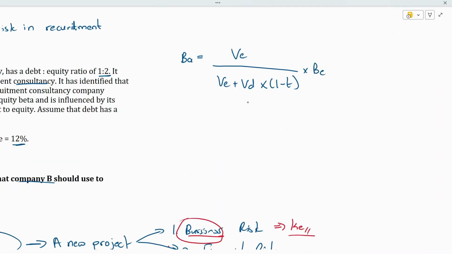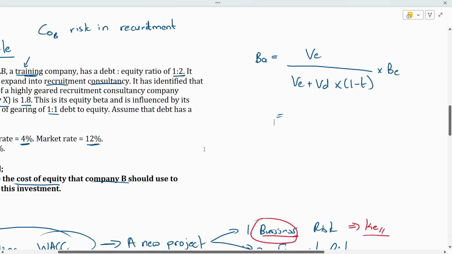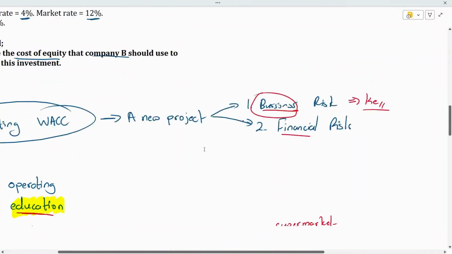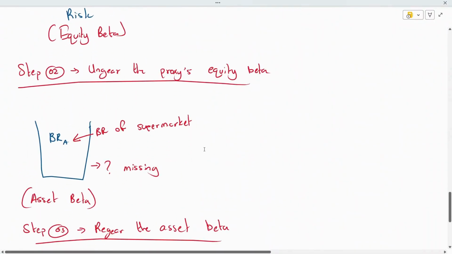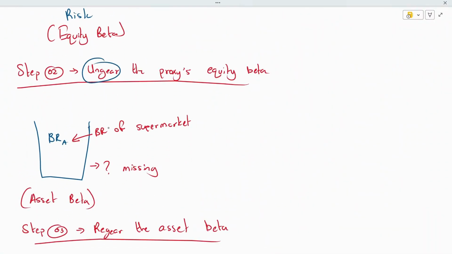One mistake which students generally make is that they use the incorrect value of equity and value of debt. Or in other words, they use the incorrect capital structure. In the process of ungearing, guys, what are we doing?